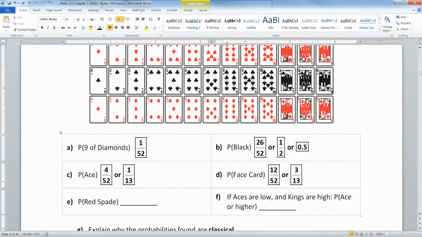All right, now what about the probability of a red spade? Well, the red spade is impossible. So the probability equals 0. Let me put it this way: if you have something that's impossible, it has a probability of 0.